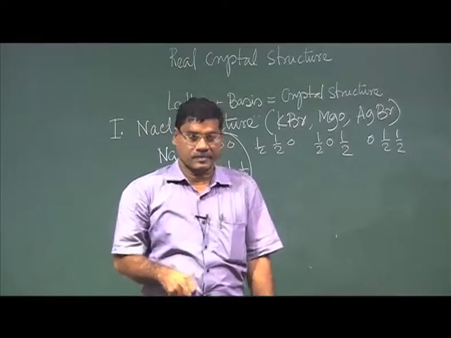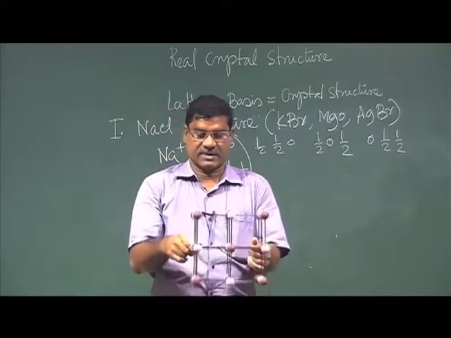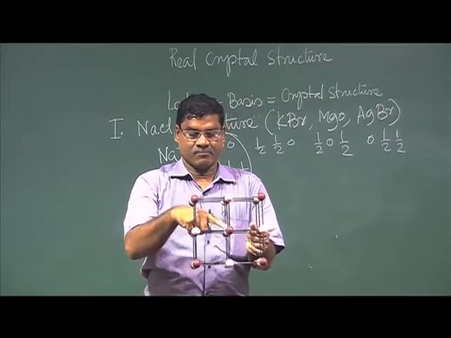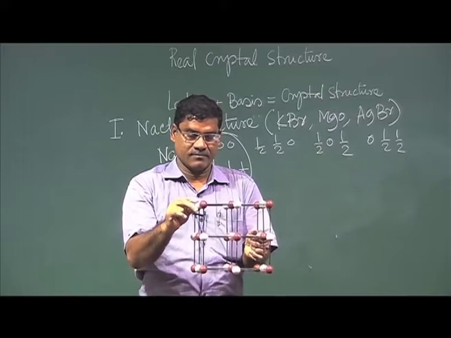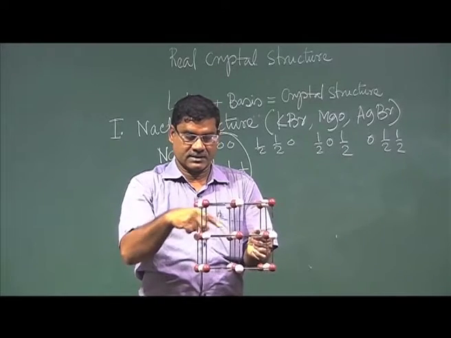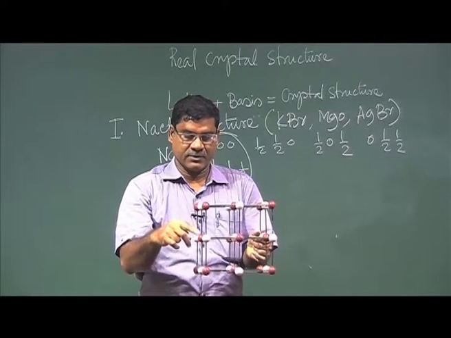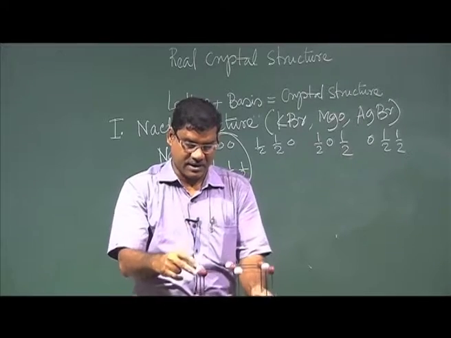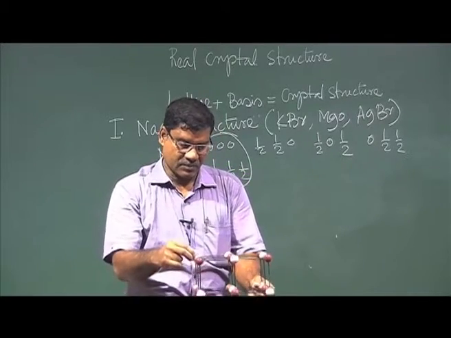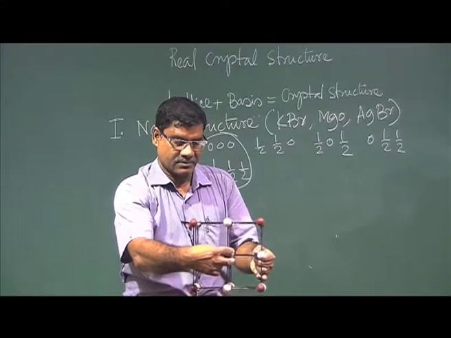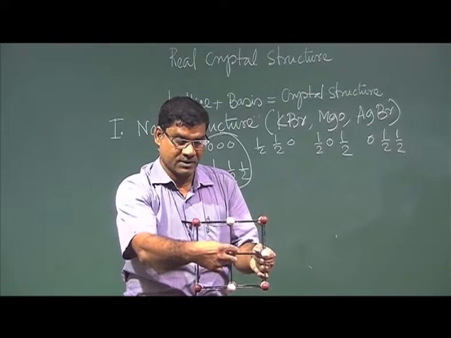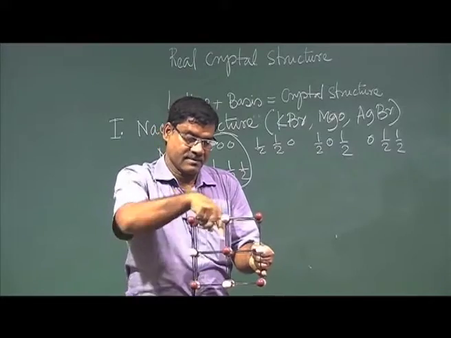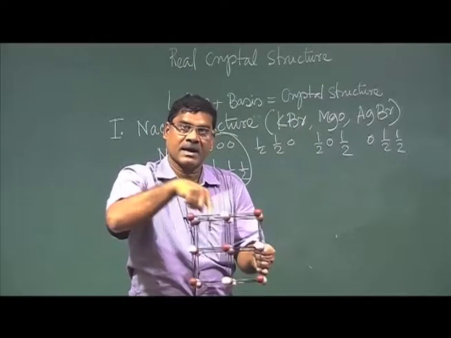Then if you take this one, half, 0, half, the corresponding chlorine will be this one, again half of the body diagonal.